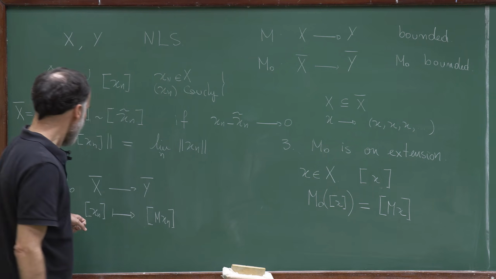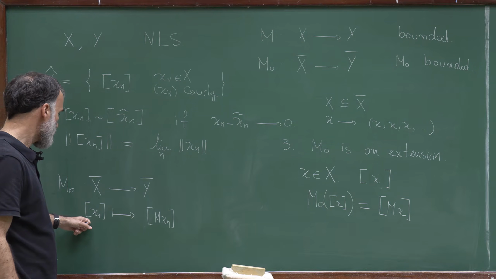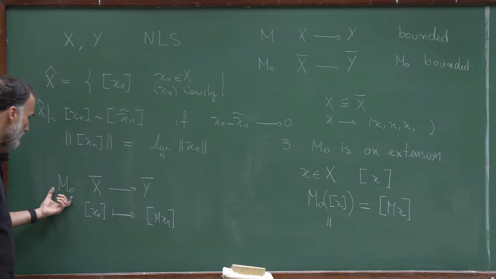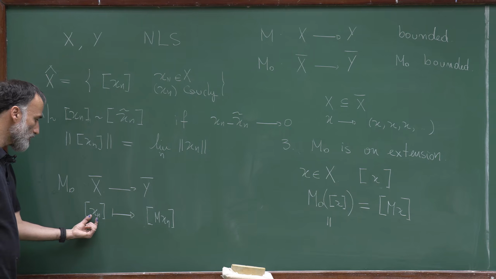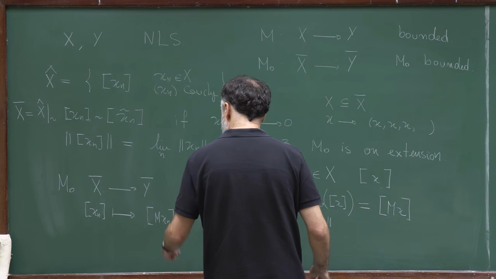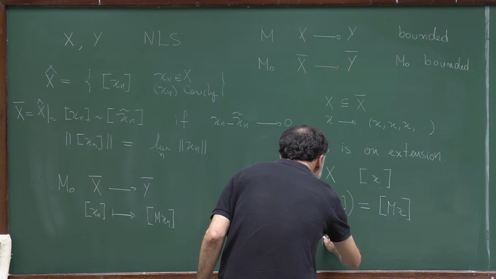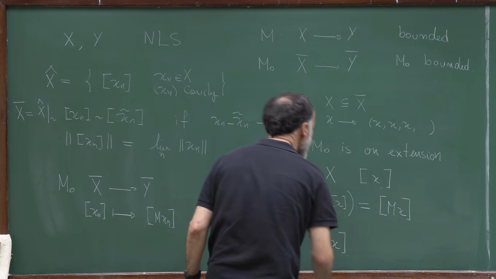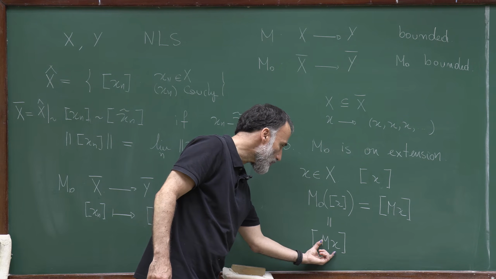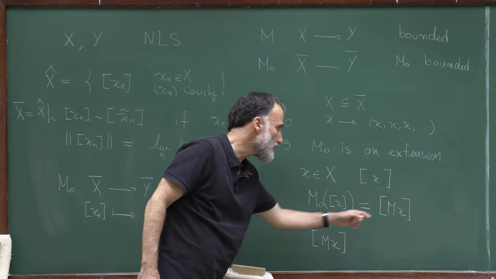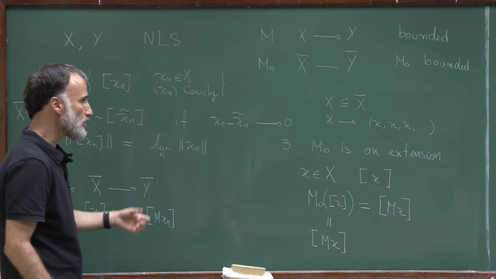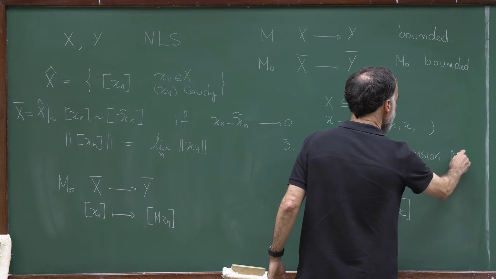Well, by definition of our map M0, M0 of the equivalence class of the Cauchy sequence constant equal to x is equal to the equivalence class of the Cauchy sequence constant equal to Mx, and this is exactly what we wanted. Therefore, indeed, M0 is an extension of the original map M.